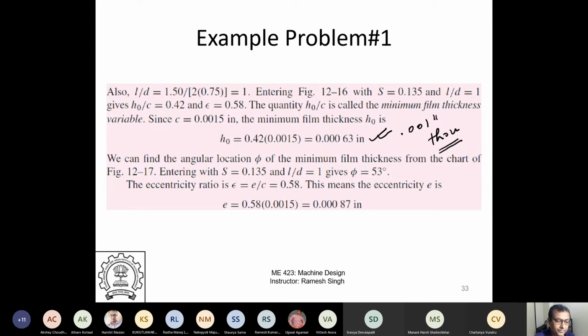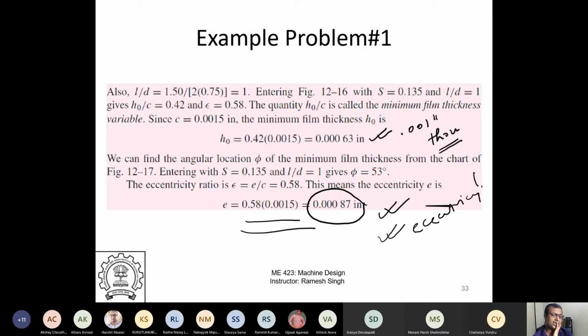And your E is 0.58 times 0.0015, which is 0.000087 inches. That's the eccentricity: the center of the shaft and the center of the sleeve have roughly this much difference.